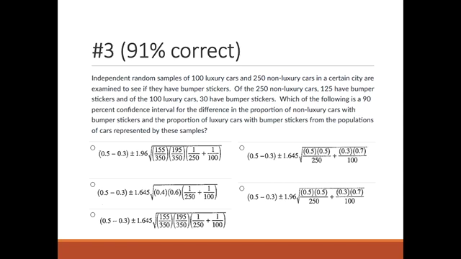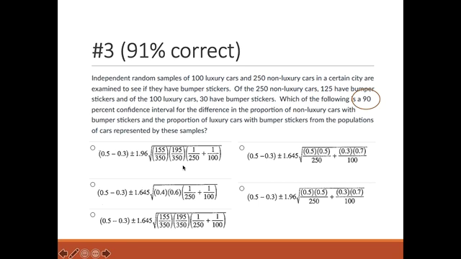So question number 3. The first thing to consider, you're building a confidence interval here, and you know the level of confidence. So if you look at the work, understand we have the statistic, and then we are adding and subtracting the margin of error, which is made up of the critical value times the standard error of the statistic.